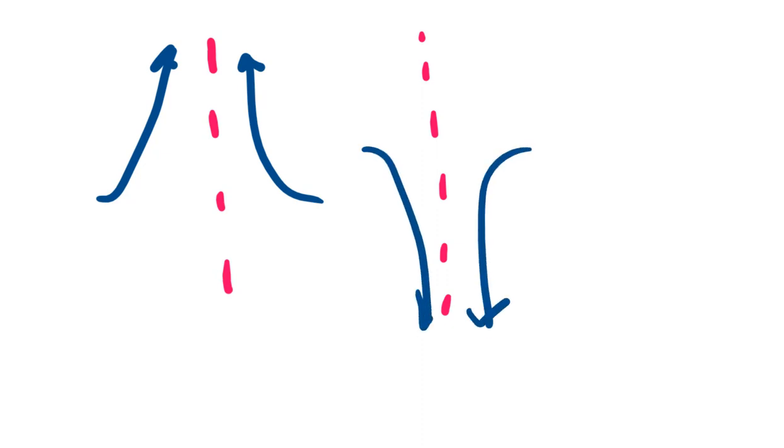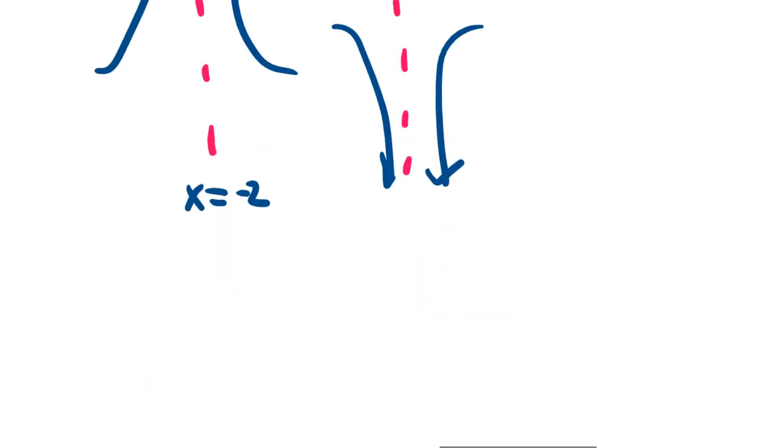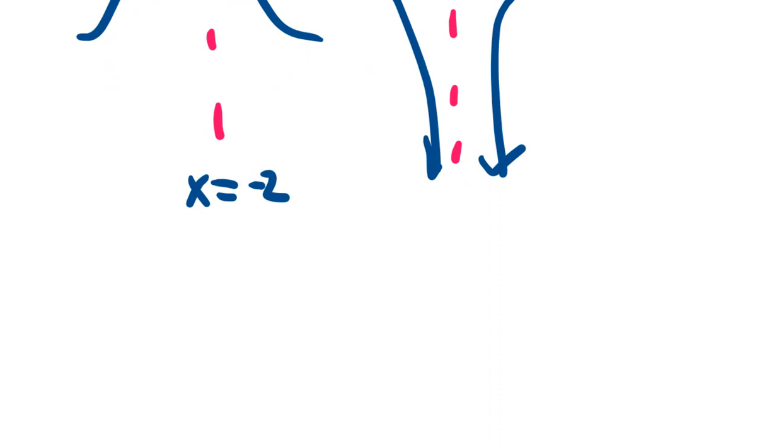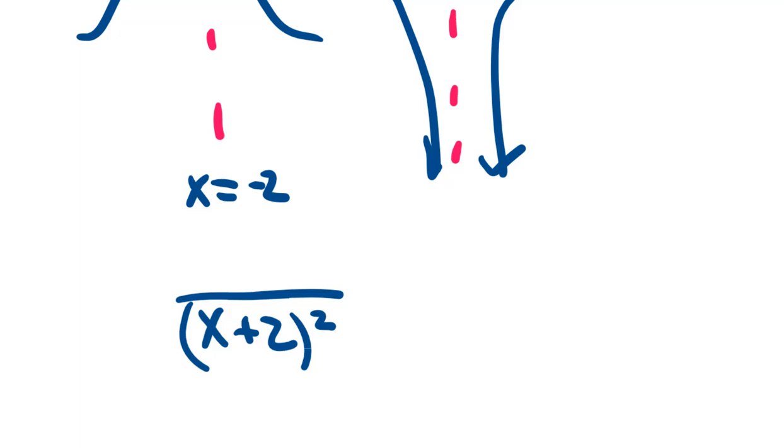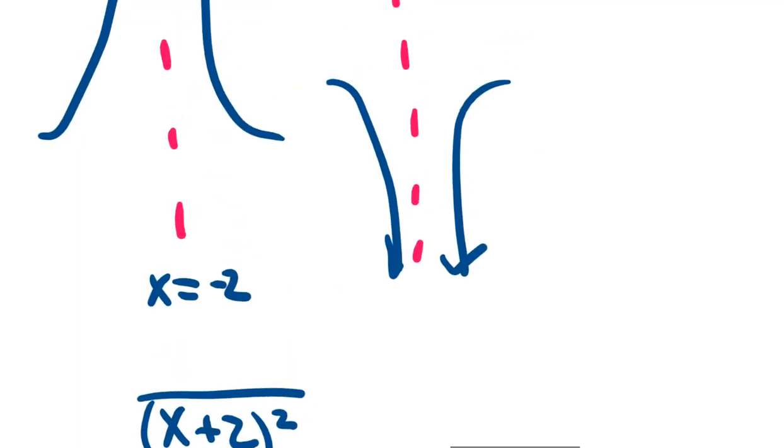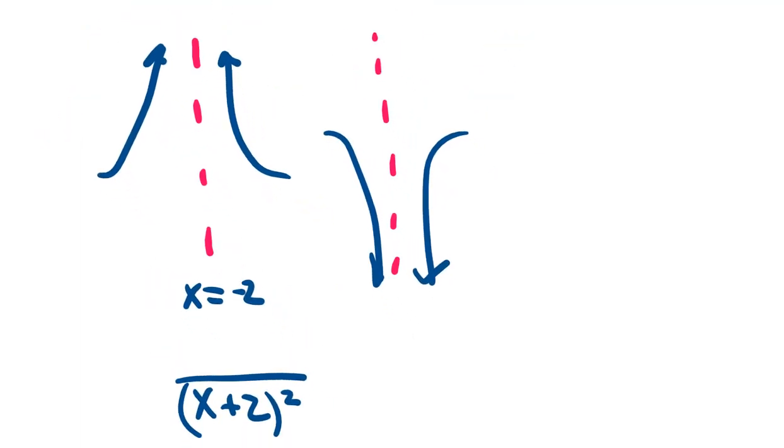And if that was the case, say you have x equals negative 2, then as a factor, that would be x plus 2. So in the denominator, you would have x plus 2 squared. It doesn't matter if both ends go up or down, that would be an even degree function.